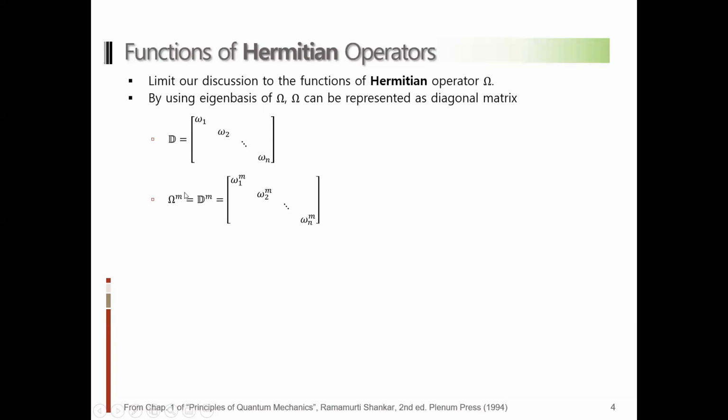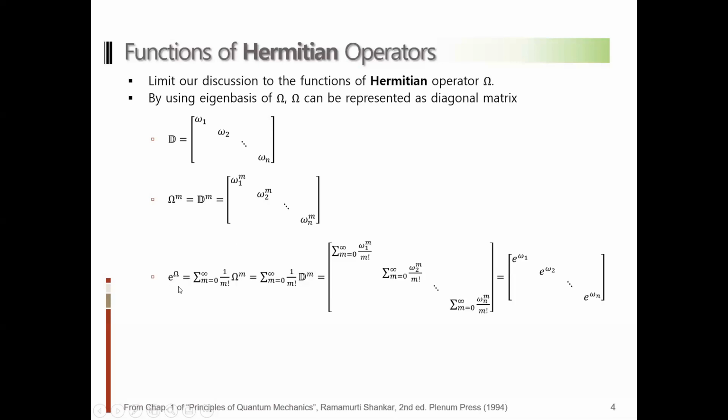And the mth order of the operator will also be replaced by a diagonal matrix, and its diagonal components will be just the mth power, multiplied m times. Then we can imagine what will be the shape of the exponential function of the operator.